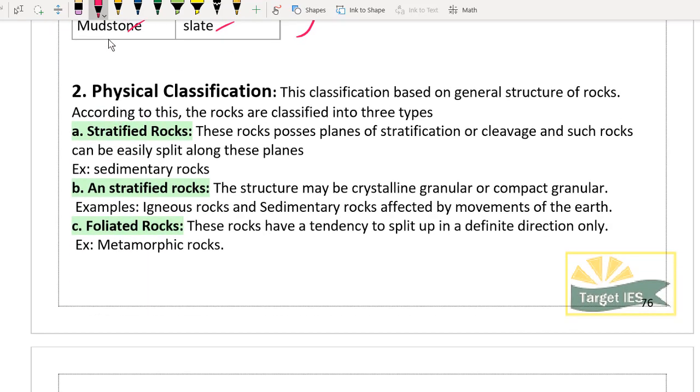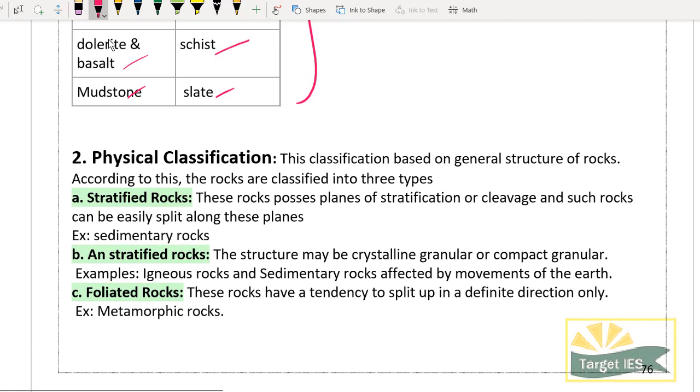Next is physical classification. You can classify it into stratified rocks, unstratified rocks and foliated rocks. Stratified rocks are rocks that possess planes of stratification or cleavage. Such rocks can be easily split into planes. Let us say some stratification is taking place.